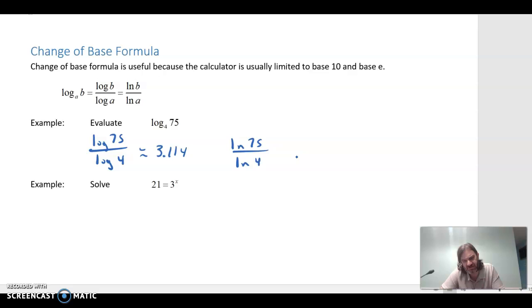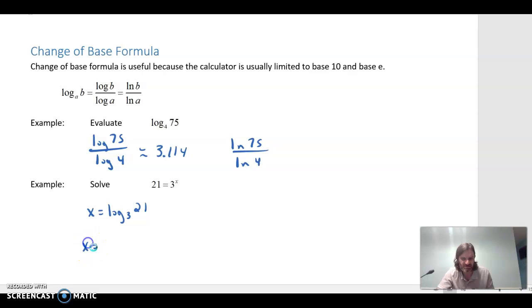The other one we'll do here is an equation. 21 equals 3 raised to the x. So x is probably more than 2 but less than 3, because 3 squared is 9 and 3 cubed is 27. So it's probably in between there. But let's rewrite it. We'll have x equals log base 3 of 21, but for most calculators that doesn't go in.